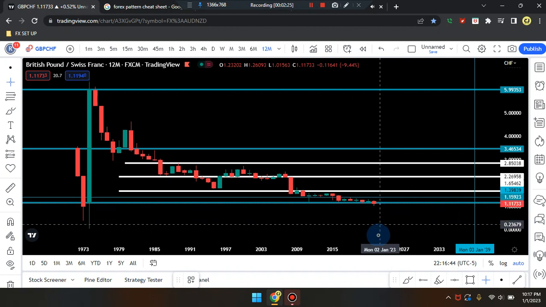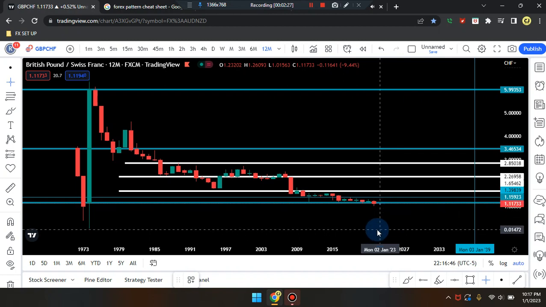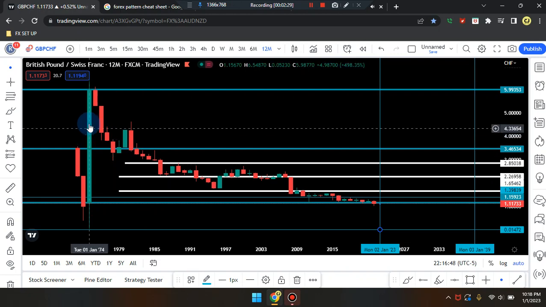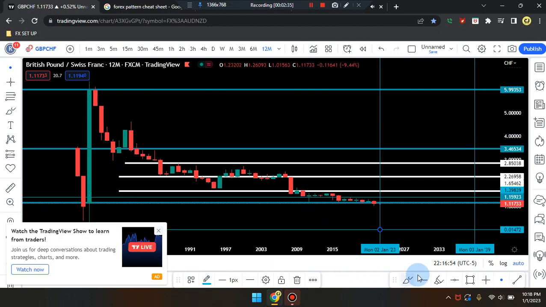If it pushes down further, we're looking for it to tag that large wick down to the bottom of that large third candle in the market. So we look for price to come near the numbers of 0.01472, and that's a far way to go because that market did lose a lot of momentum.